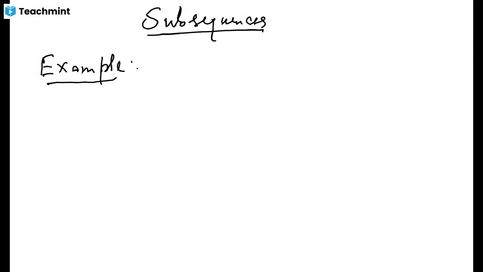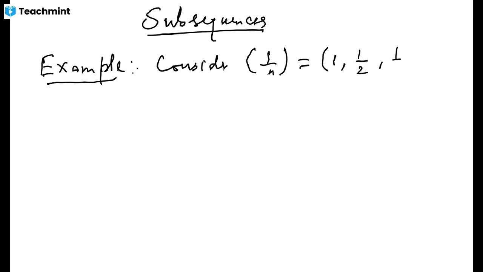Let us consider a known sequence, the sequence 1 upon n. If I write it in expanded form, its first term is 1, its second term is 1 by 2, then its third term is 1 by 3, and so on.